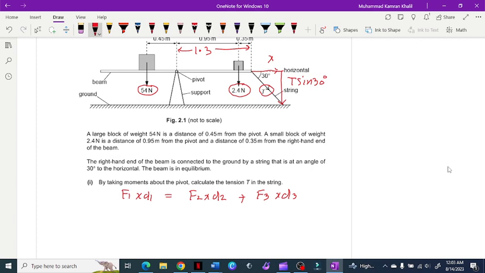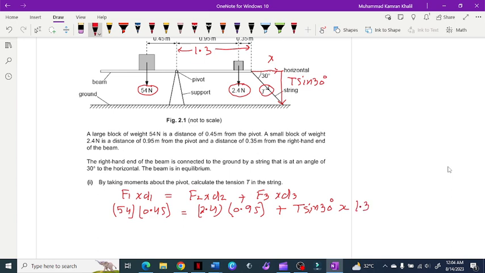Substitute the values: 54 multiplied by 0.45 is equal to 2.4 into 0.95, then plus F3, so T sin 30 multiplied by the total distance, which is 1.3 from the pivot.